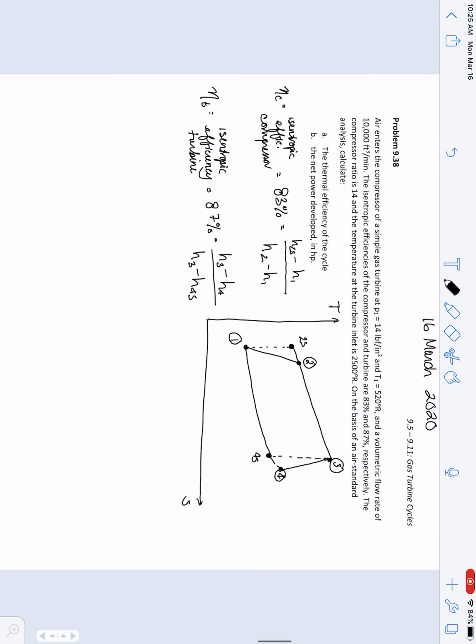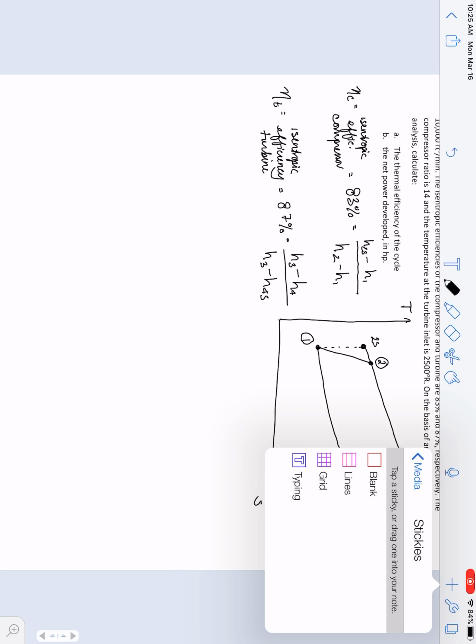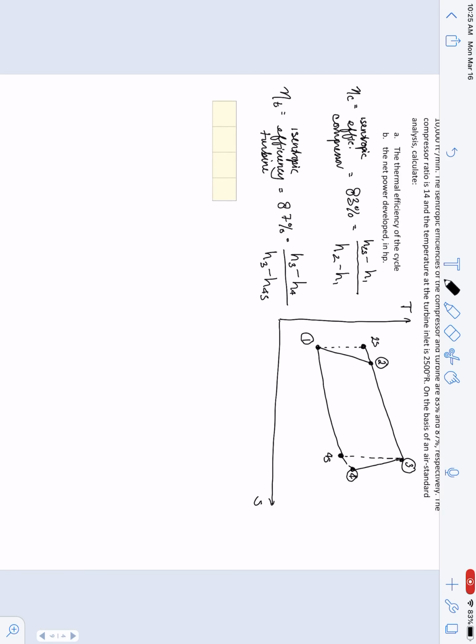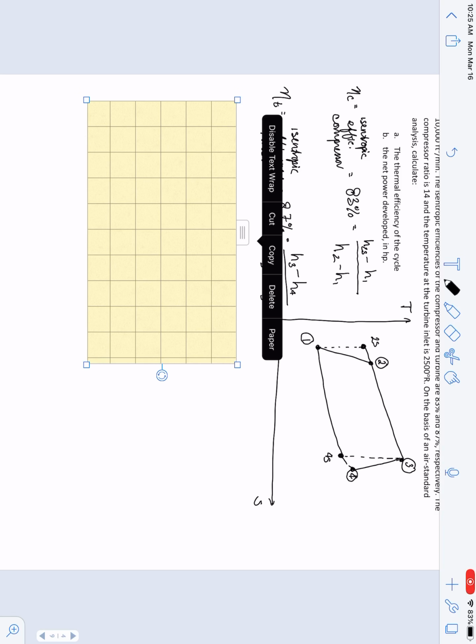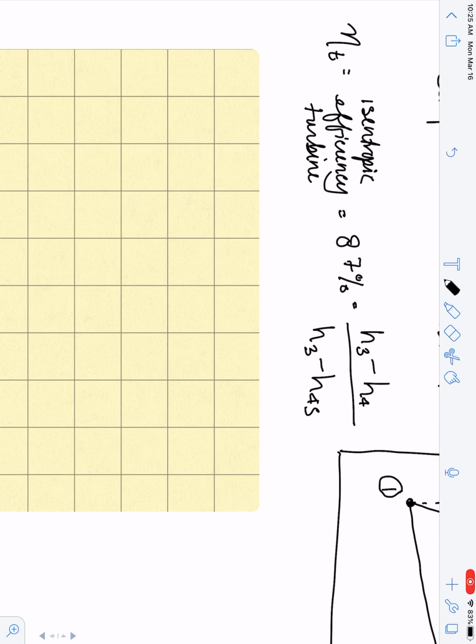As with most of the cycles that we've dealt with, the first step is to find our state properties. So for this, we have the state, T, which will be in Rankine, P, which is in psi, h, which is in BTUs per pound, Pr, and vr.